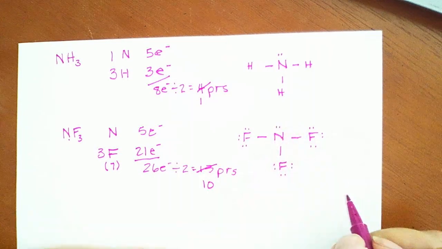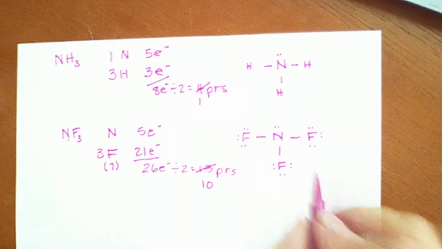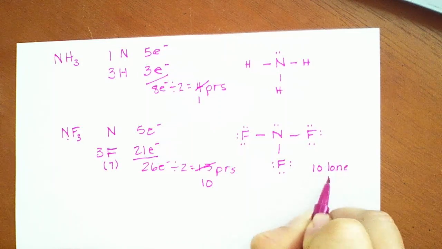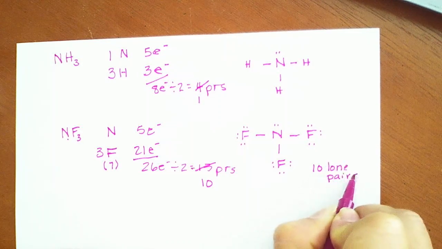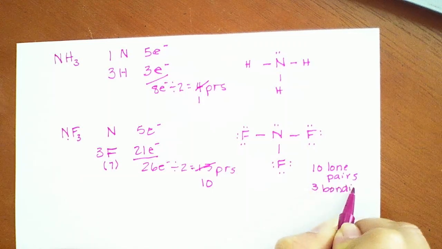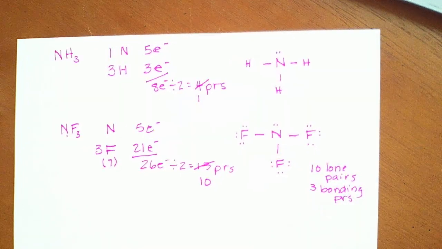So there are my 10 pairs, and that is nitrogen trifluoride. So there are 10 lone pairs here and 3 bonding pairs. See that? Okay.